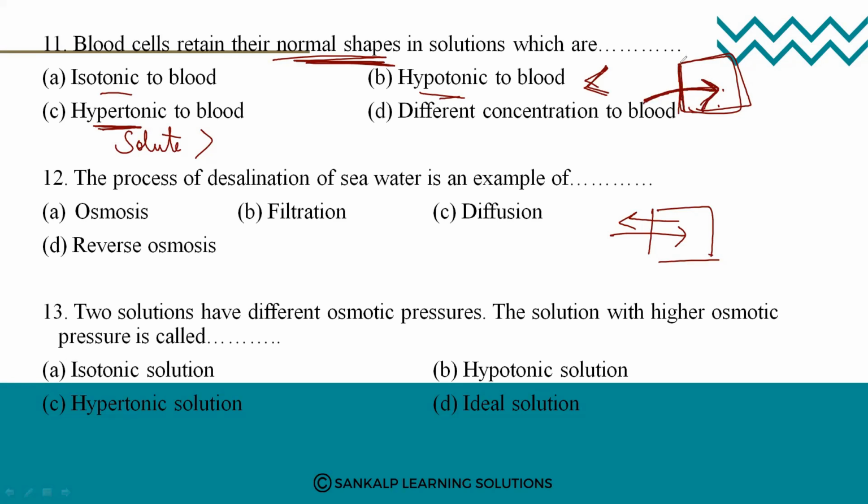Is the cell size remaining the same? No, the cell size is increasing because the concentration of the solute inside the cell is less, so water flows inside and the blood cell size will increase.